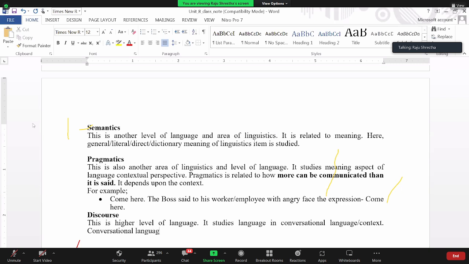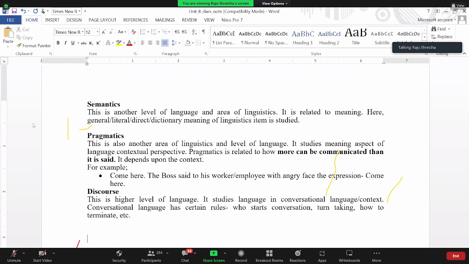Conversational language has certain rules: who starts the conversation, turn taking (when to speak), how to terminate, how to end. How to initiate, how to take turns, how to terminate, how to continue, maintain and retain conversation: these are the areas of discourse.